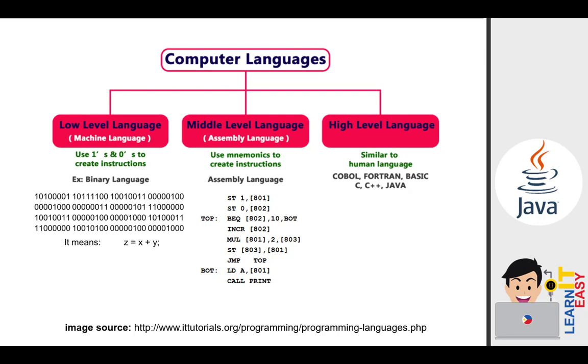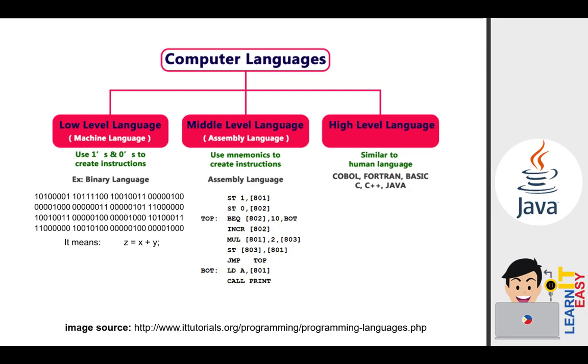Also, you have to remember that since assembly language isn't written in binary, which is the native language of the computer, a translation of code must be performed first before a program written in assembly language can be executed by the computer.